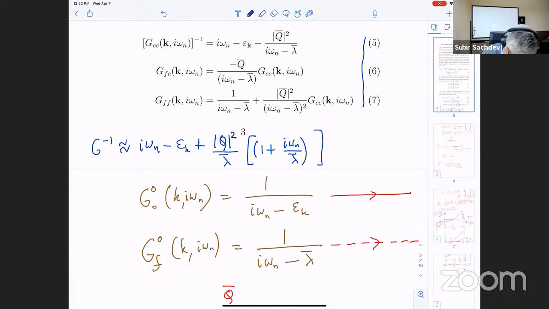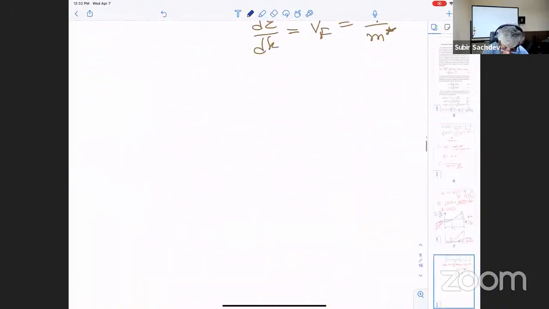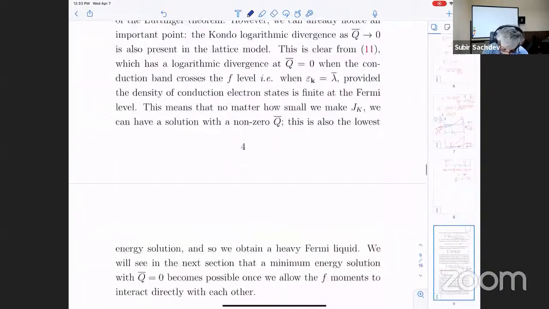And I'm going to now claim that this is basically z over i omega_n minus epsilon_k over z epsilon_k tilde, where I'm going to approximate, pull the coefficient out and make it constant here. All right, so you play that, and here's what you get. That's just trivial algebra.